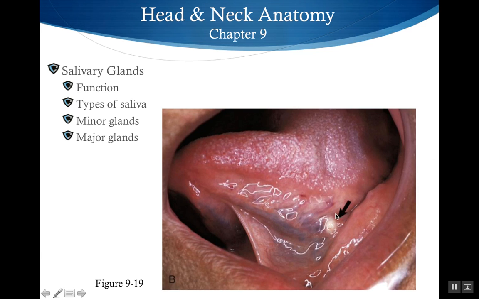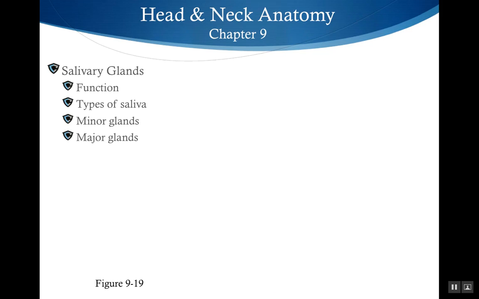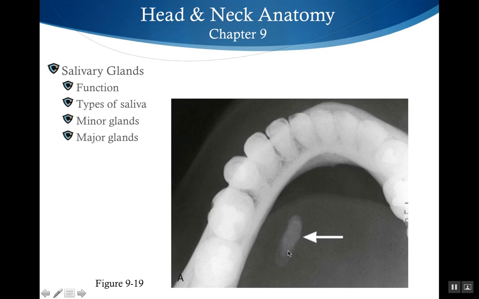So you can see on this picture here that little white stone right there is lodged in a salivary duct and can become quite painful, as saliva cannot continue to pass through that duct and empty into the mouth as normal. And you can even see those stones, those calcifications on radiographs. You can see right here that's a sialolith that's in a duct underneath the tongue.